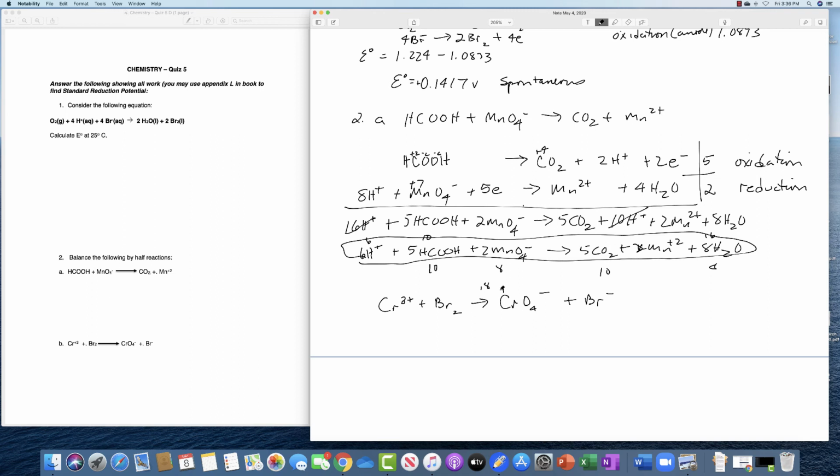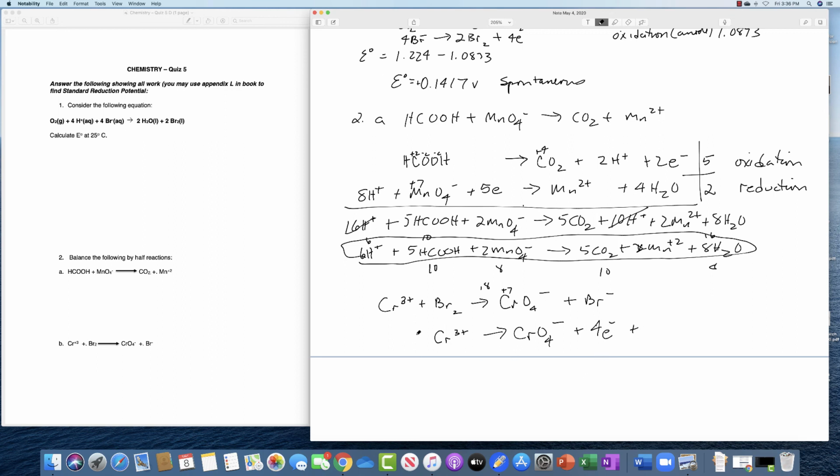Here you have a +7 oxidation number. It's +3 here, so you have Cr3 plus goes to form CrO4 minus plus, to go from 3 to 7 is 4 electrons, losing 4 electrons.